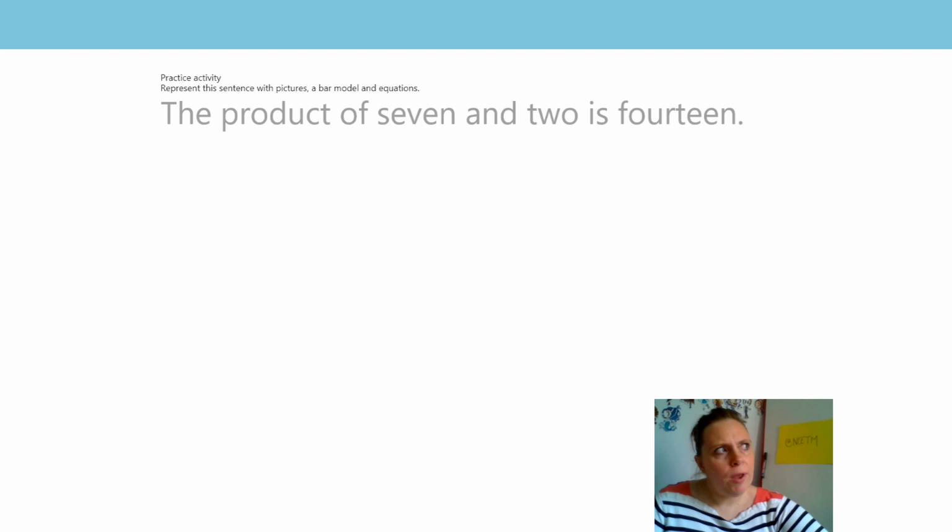I had a go at this as well. I looked around my house to see what things I could find that come in twos, because 2 is a factor, and that I had 7 lots of. Well, I had 7 lots of eyes in my house.